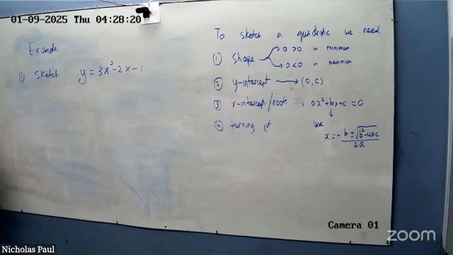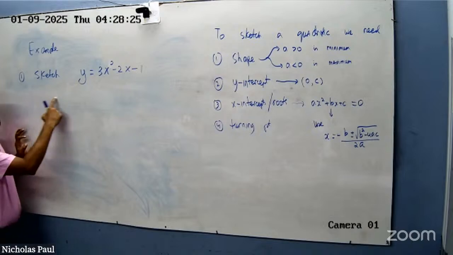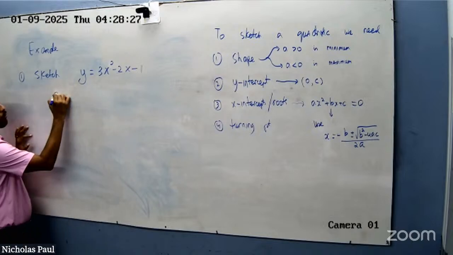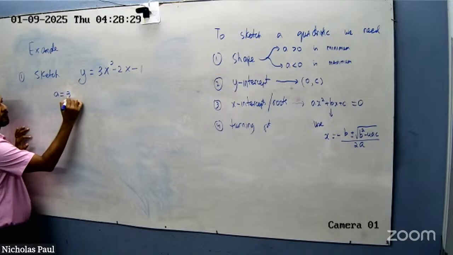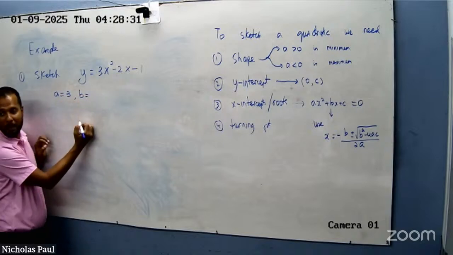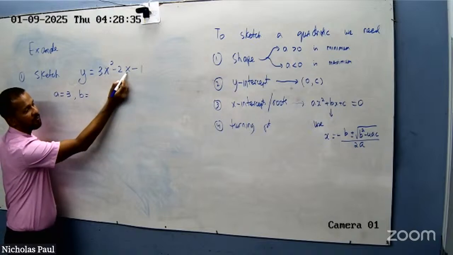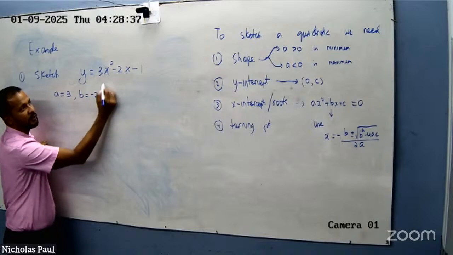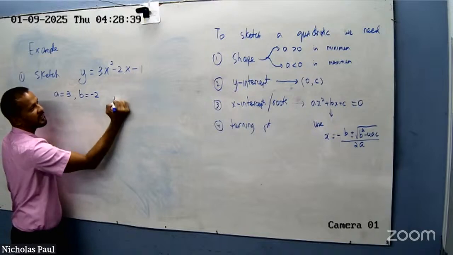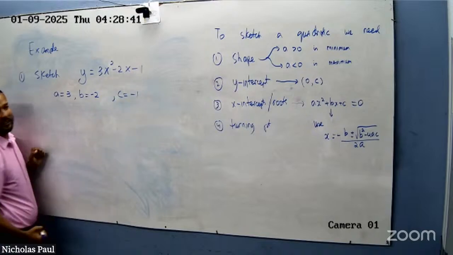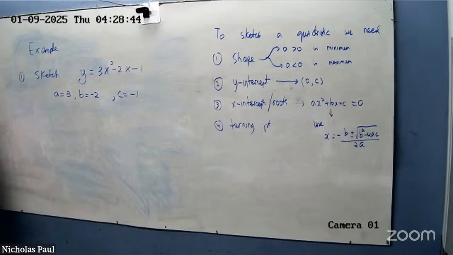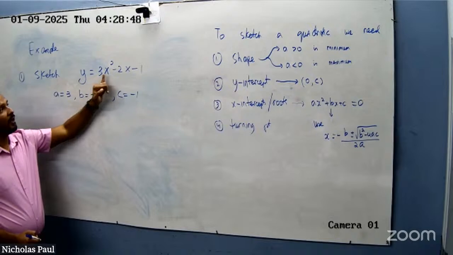The first thing I like to do is write down what is A, write down what is B. Remember, whatever is in front of x squared is A. Whatever is in front of x is B. So it's minus 2, and the constant is C. Everybody okay with that? A, B, C.